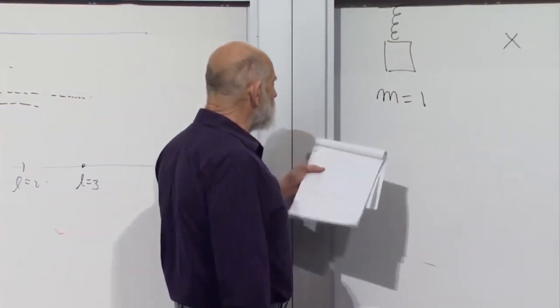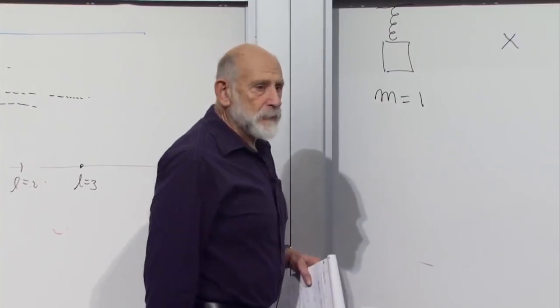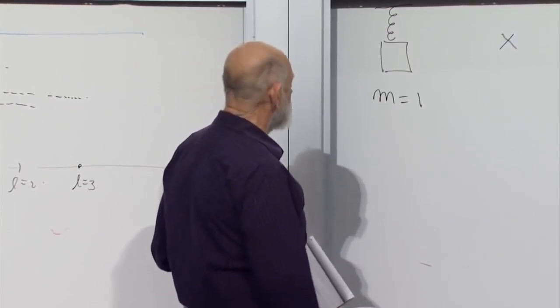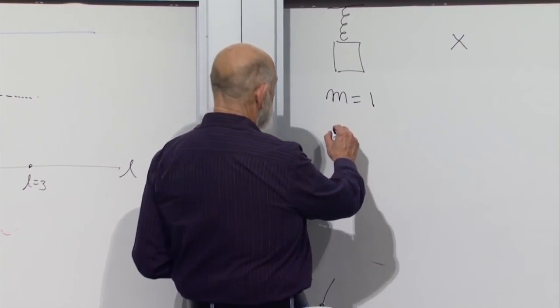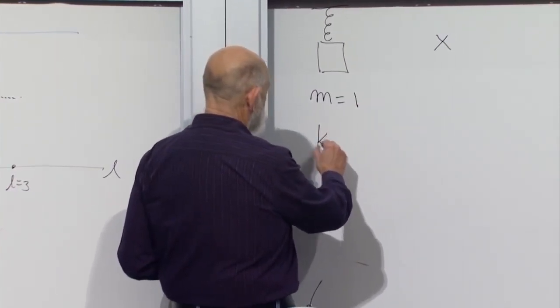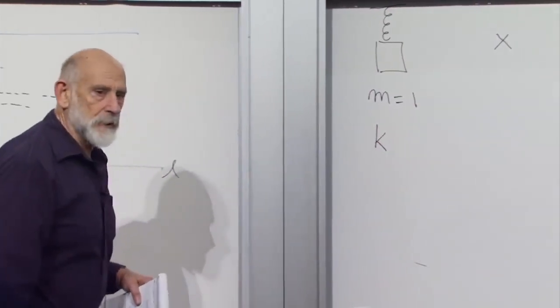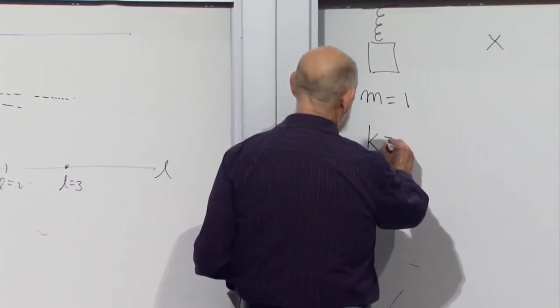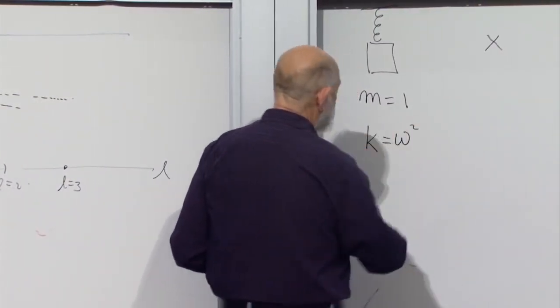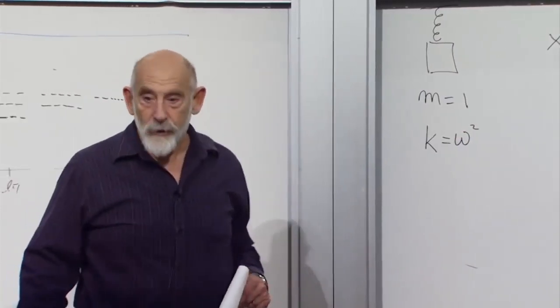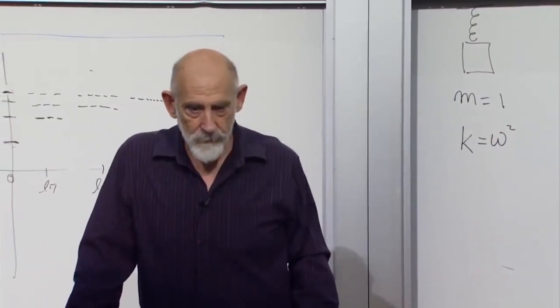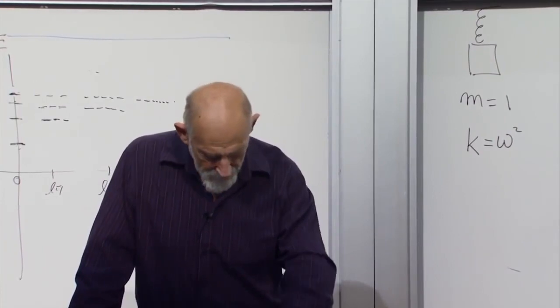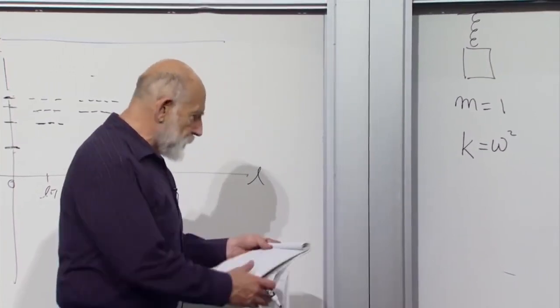So the mass is 1, and the spring constant K, K is the standard terminology for a spring constant, we'll call omega squared. We're going to find out in a moment that omega is the frequency of oscillation. But the spring constant is omega squared.